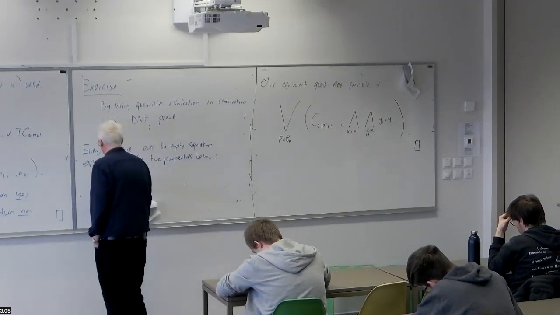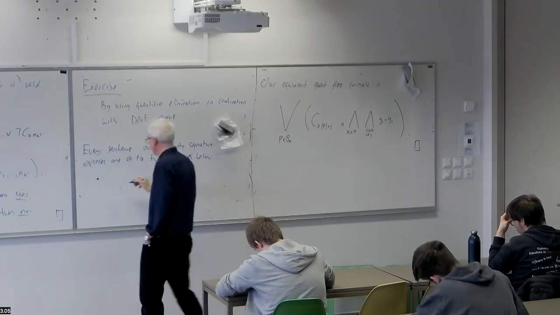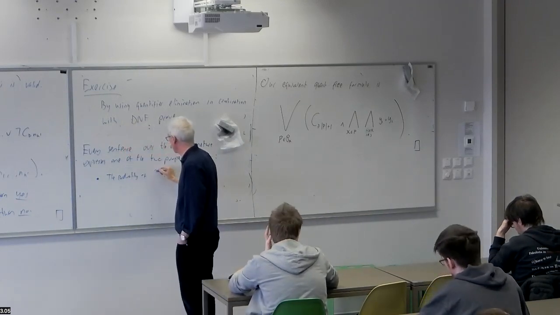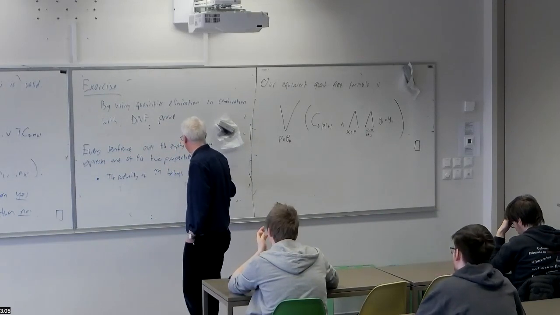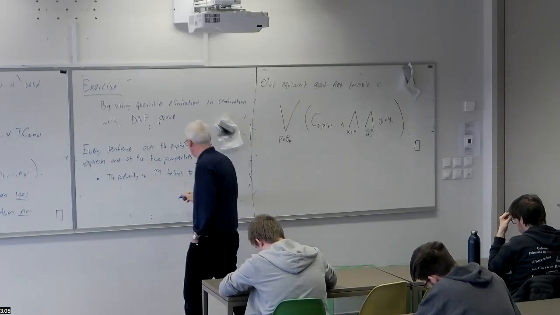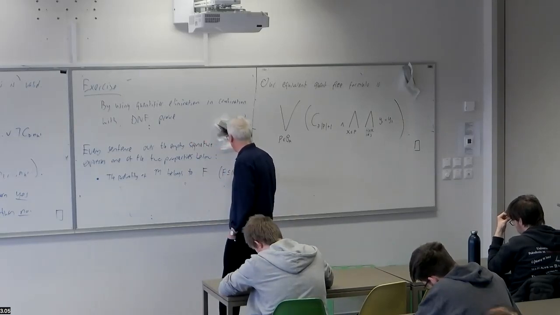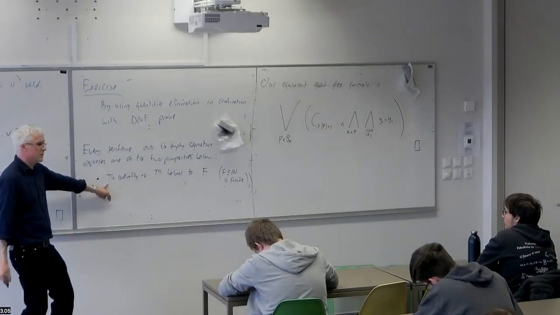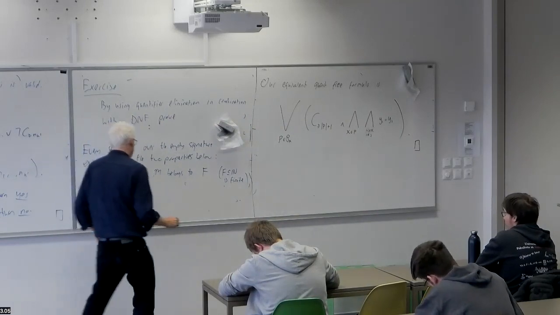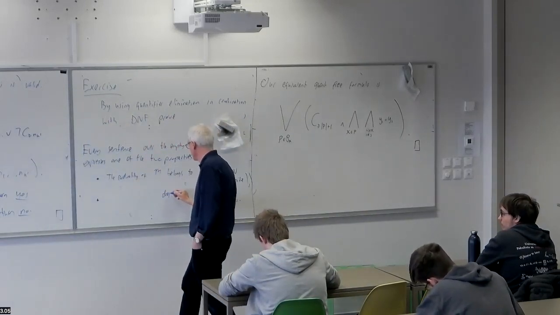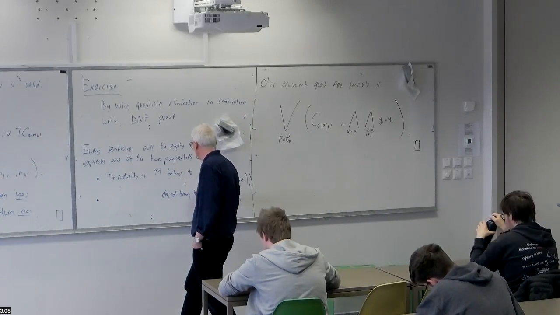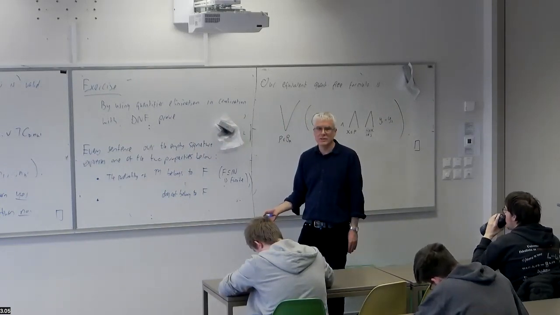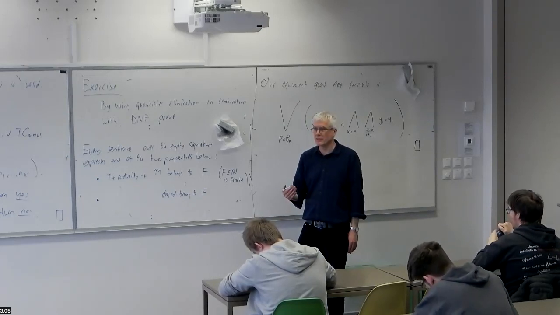So a sentence can either say the cardinality of the structure M belongs to F, where F is a finite subset of natural numbers, or the cardinality of M does not belong to F. So the only things we can express are that the cardinality belongs to some specified finite set, or the cardinality does not belong to some specified finite set.